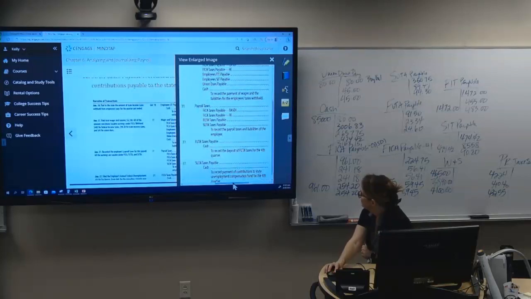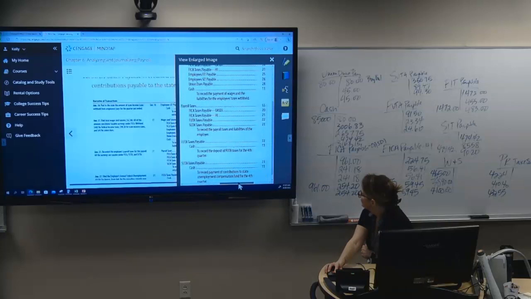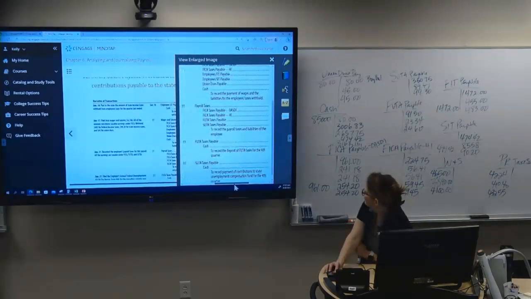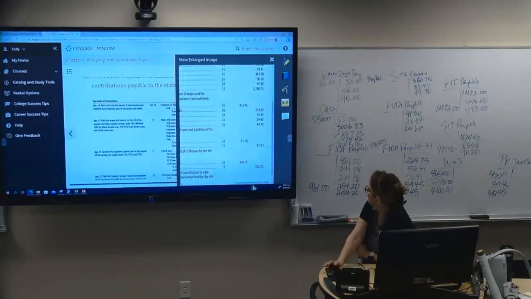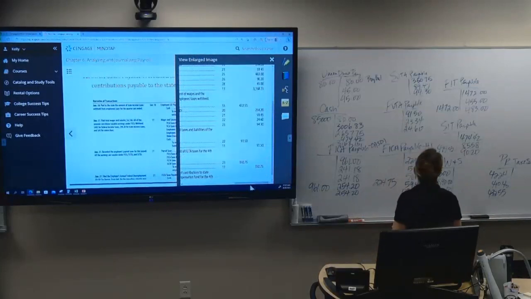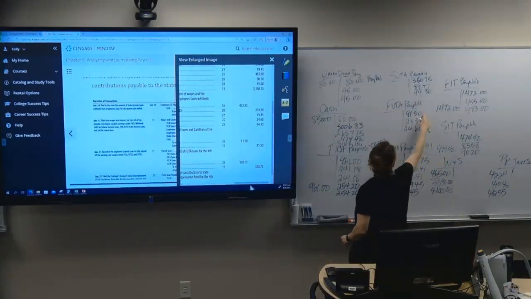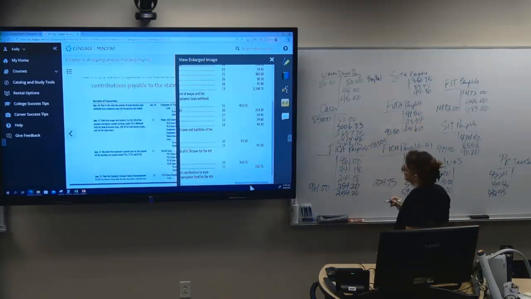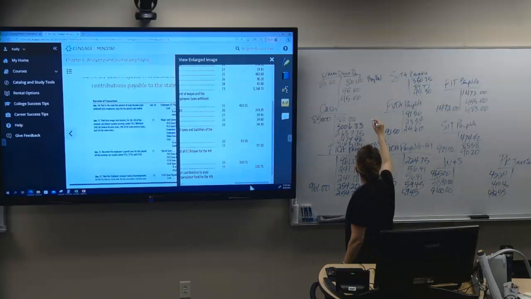We are going to deposit on the 31st FUTA taxes that were payable. Remember, that's going to be due on January 31st, the FUTA taxes. So we're going to deposit those on the 31st. The $91.50, the amount of our beginning balance. And then cash again of $91.50.